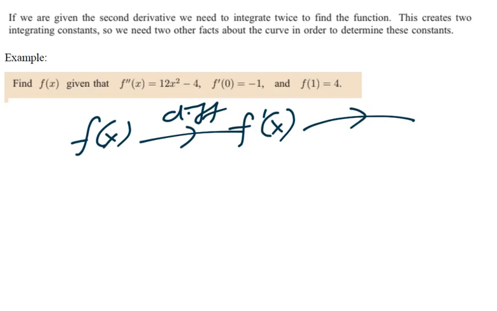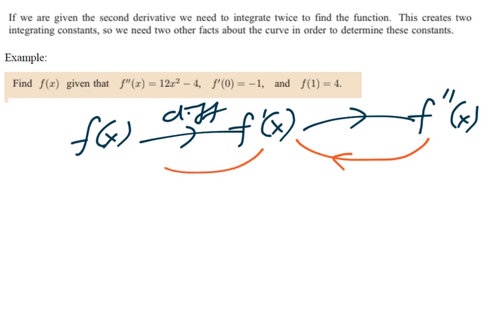Continue to differentiate again, and you get f''(x). So in reverse, if you are given f'', which is the second derivative of f, you will be able to get f'(x). Continue to integrate another round, then you will be able to get the function f.